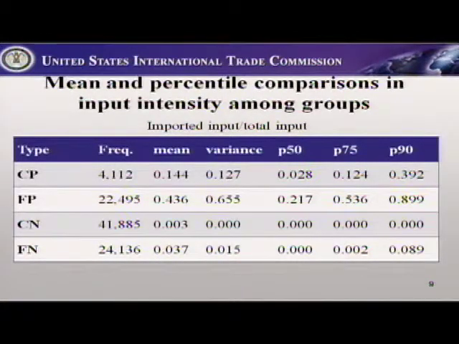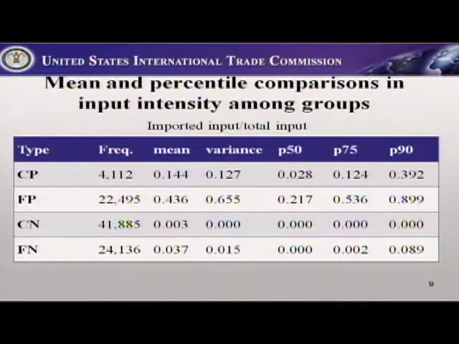Then we did some summary statistics. You can see we have 92,000 firms in total. The Chinese processing firms only number about 4,000 in our sample, but the majority, Chinese normal firms, is more than 41,000, about 42,000. They do some exports, but very little, and they import very little. If you look at the mean, for the Chinese processing firms, on average 40% of their intermediate inputs is from foreign sources.